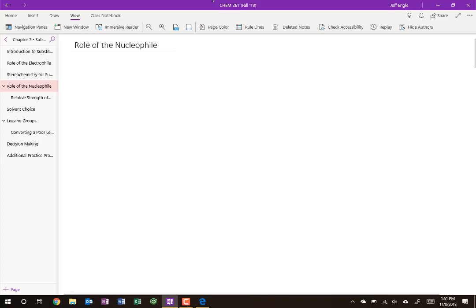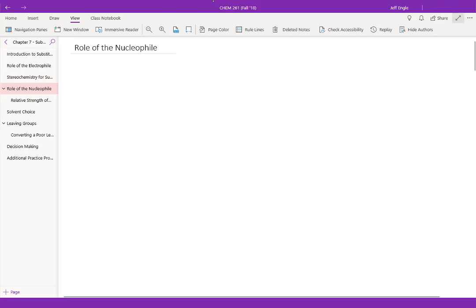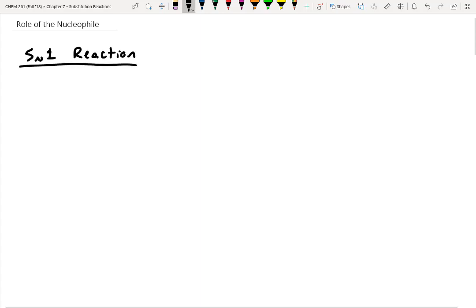So let's take a look at Sn1 reactions first, and then we'll do Sn2 second, just like we've been doing with the other things. And again, I really like comparing reactions for each of these. So we'll have reaction A compared to a reaction B.